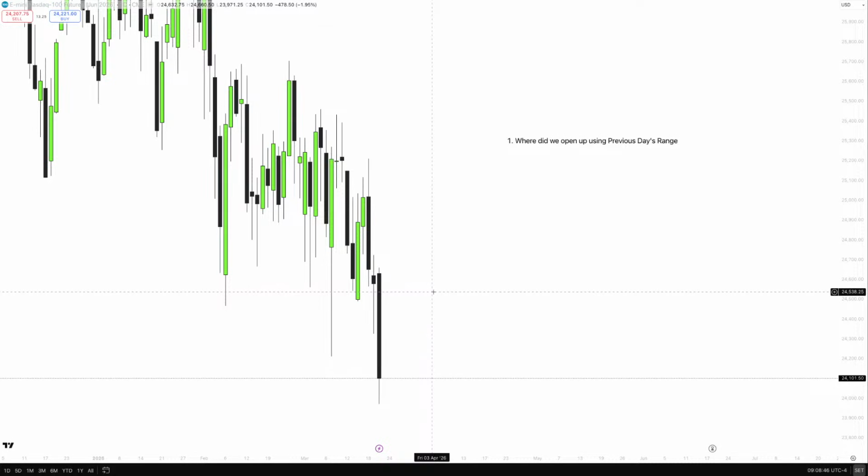So let's go to the second signature I'm looking at to determine the bias. Second: did we take out previous day's high or previous day's low on all the indices?